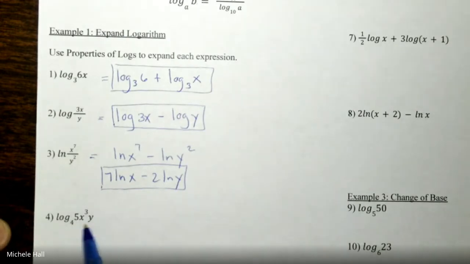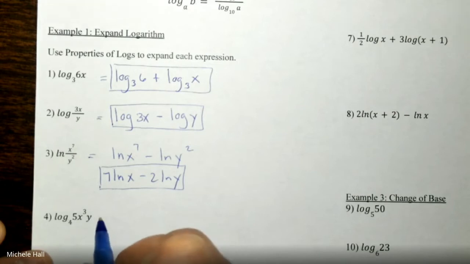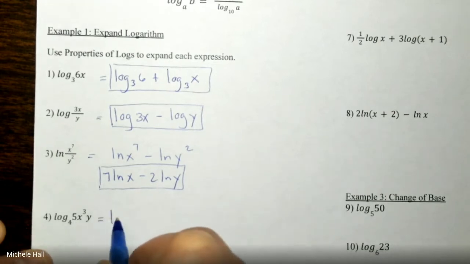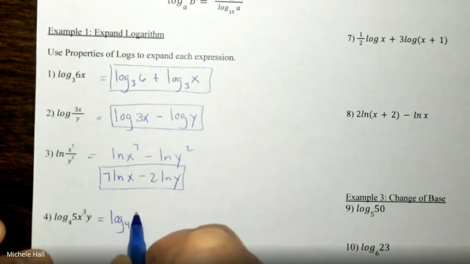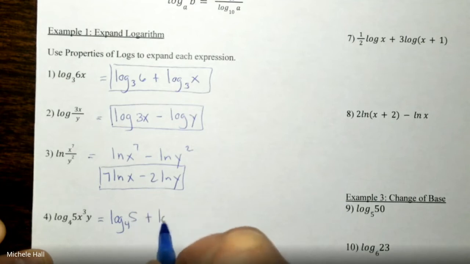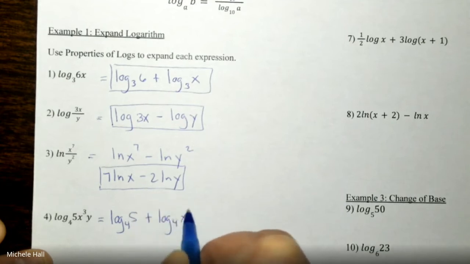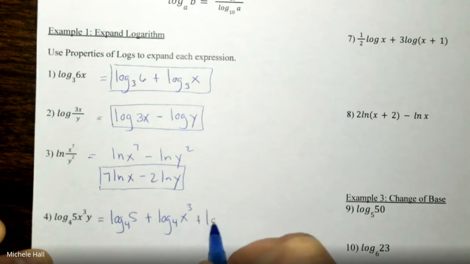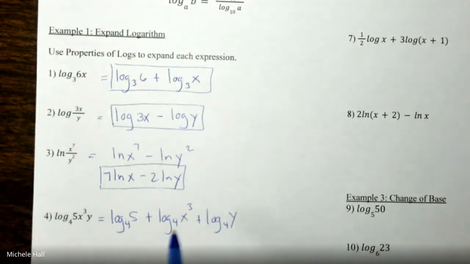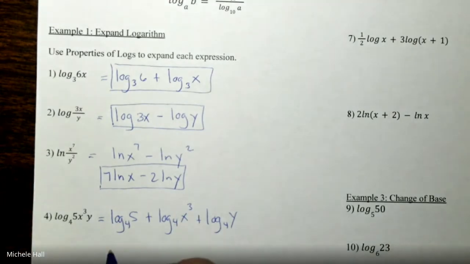Next, we have some multiplying. We have a power rule. Let's start with the multiplying and changing that to addition. Log 4 of 5 plus log 4 of x cubed plus log 4 of y. Finally, use the power rule.